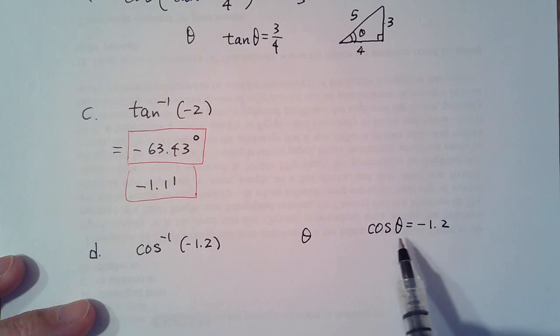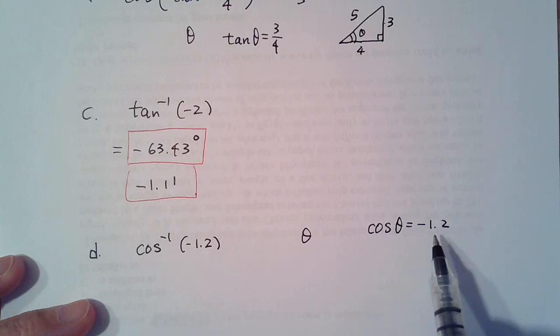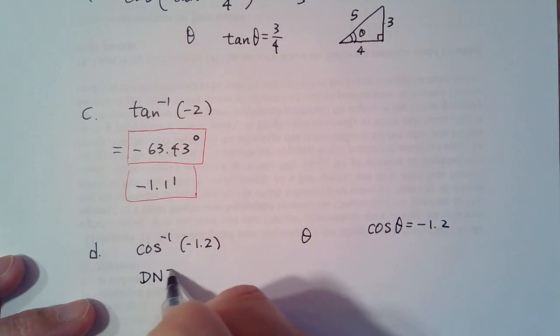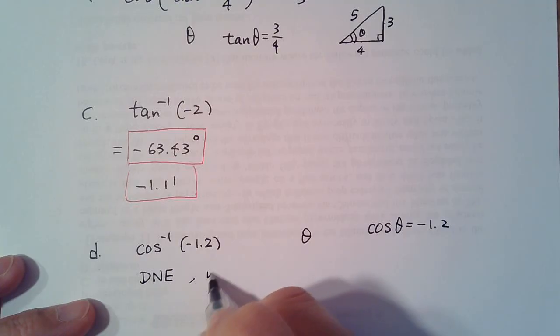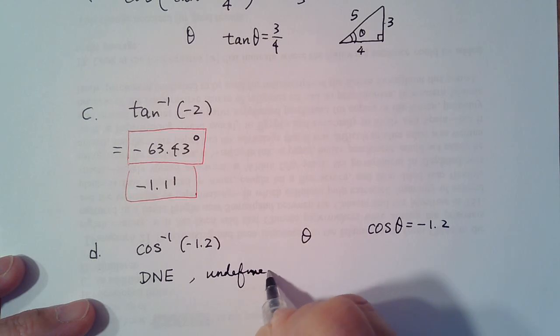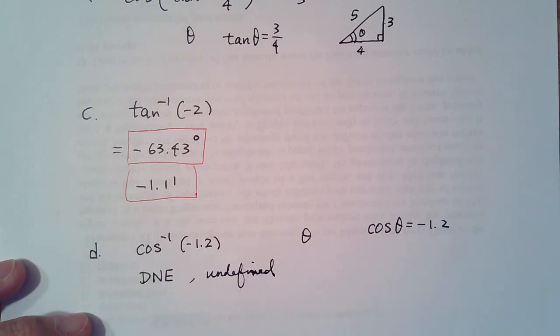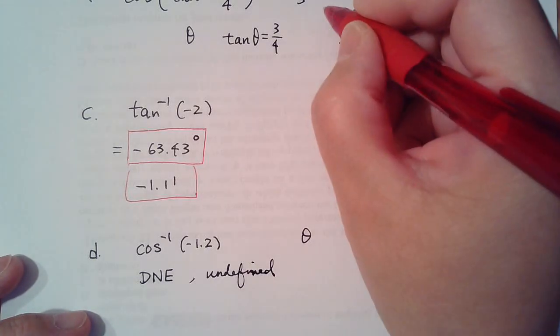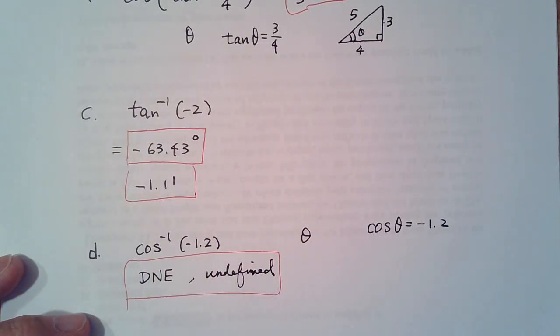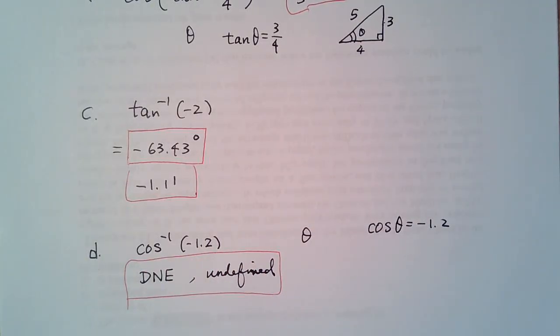So there's no way we can find this theta. I get this terrible cosine value. So this one does not exist, or you say undefined. It's the same thing. Undefined. This is number D.